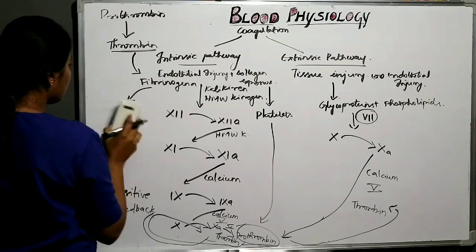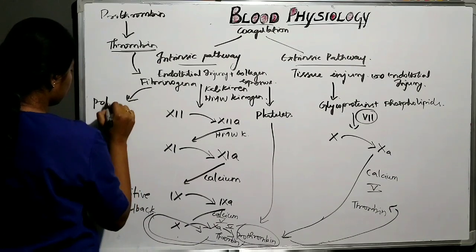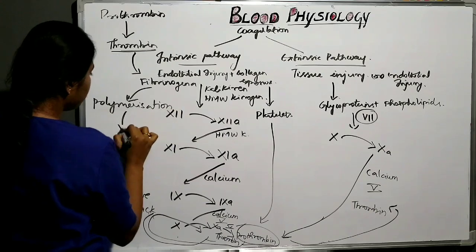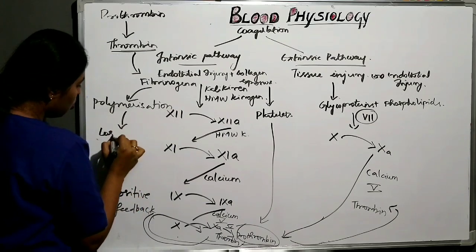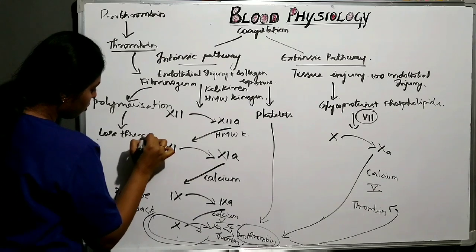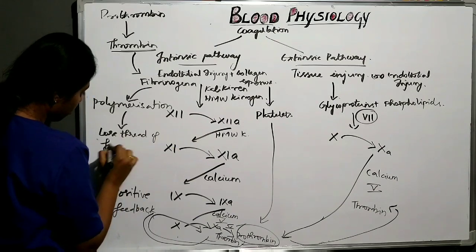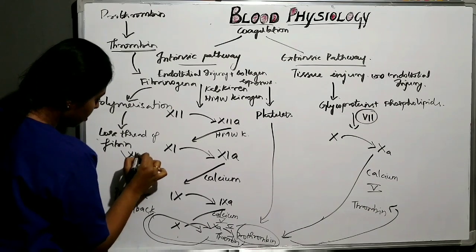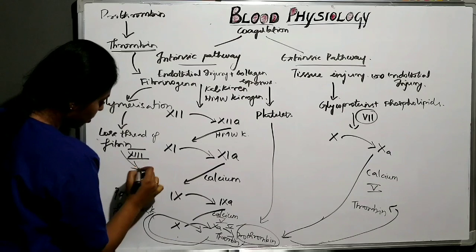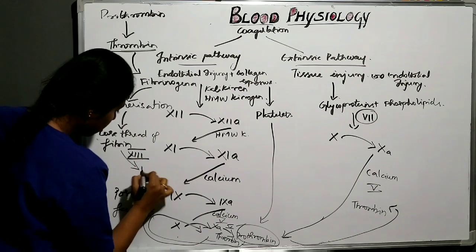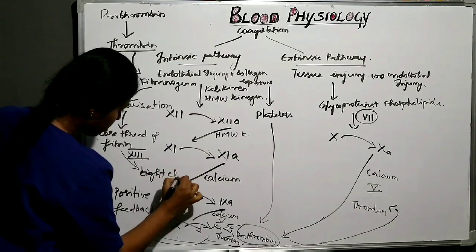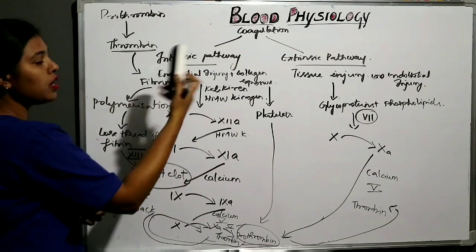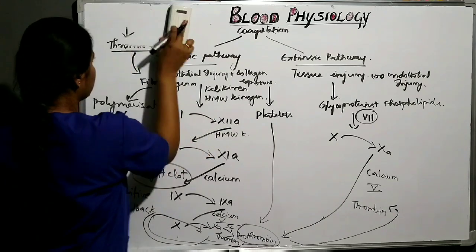It undergoes a polymerization process and further forms loose threads of fibrin. Then in the presence of factor 13, it forms a tight clot. This is the intrinsic and extrinsic pathway of coagulation.